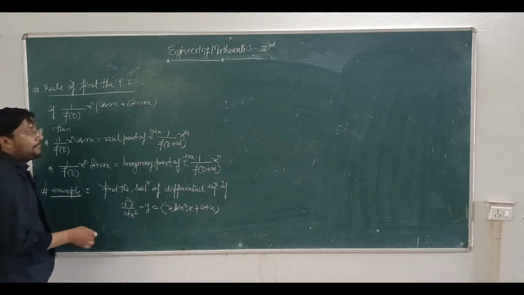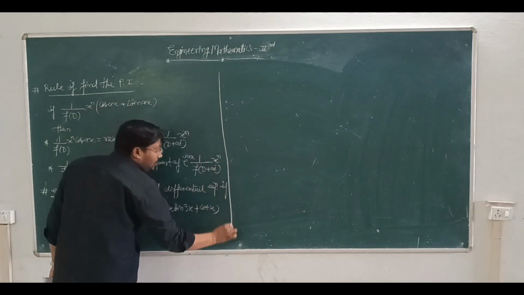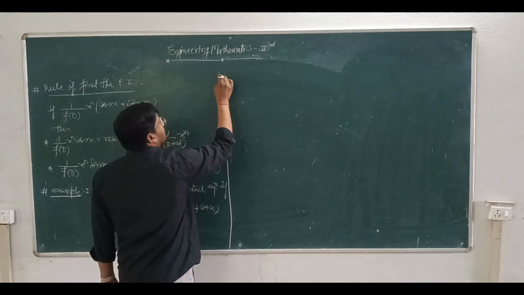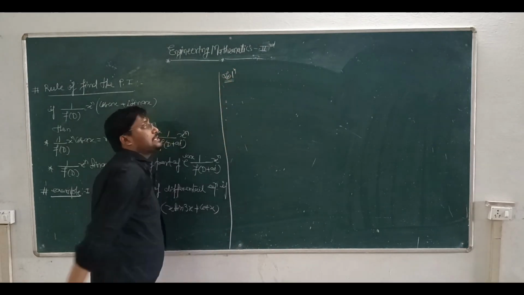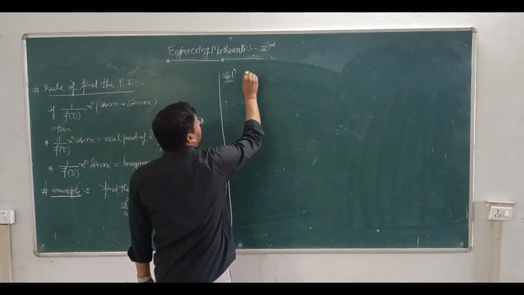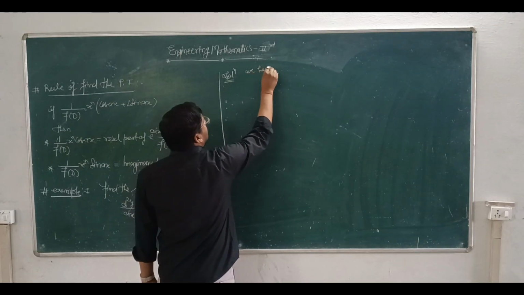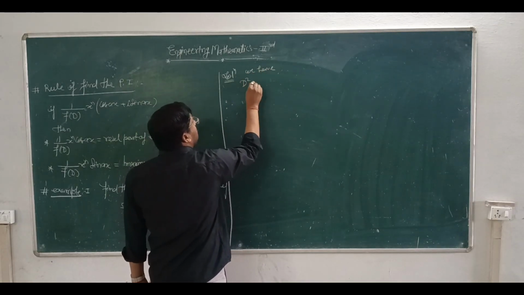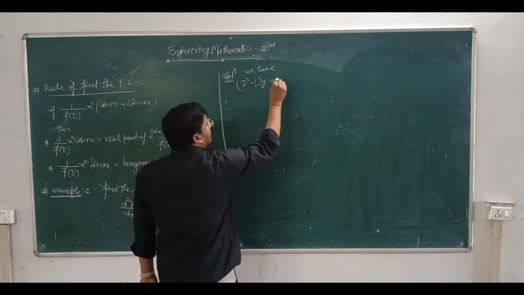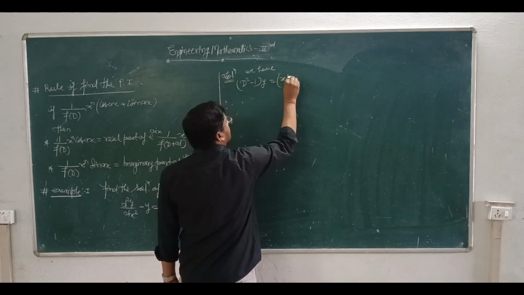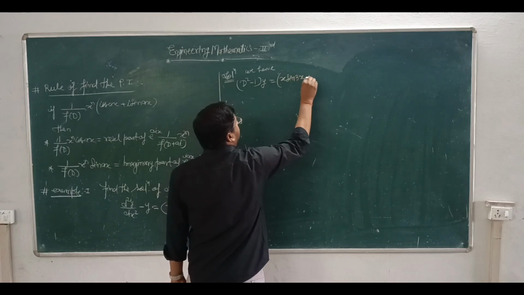This is your numerical. First of all, write the differential equation: (D squared minus 1) y is equal to x sin 3x plus cos x.